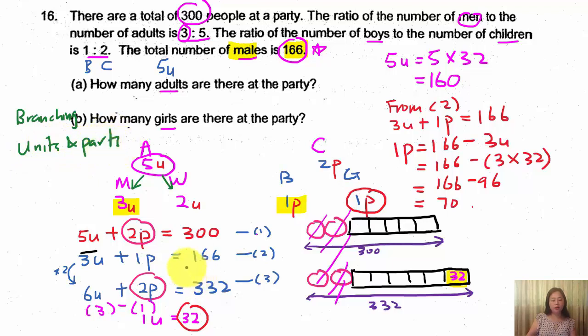And to do unit and part, we always want to find out what we want, and then we remove the other letters by using elimination. And finally, we found out that 3 unit is actually 3 times 32, so that we substitute it here so that we can find what is one part. So we also use the concept of substitution.